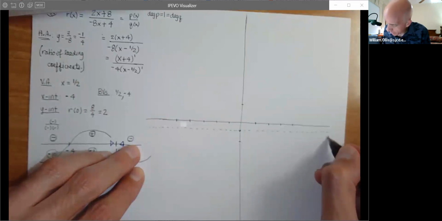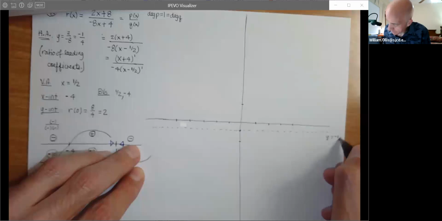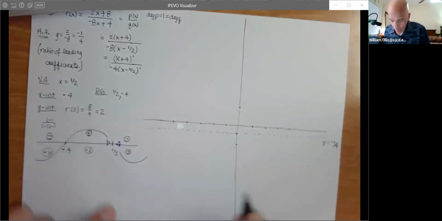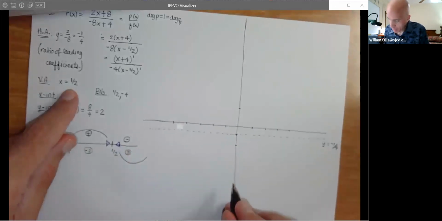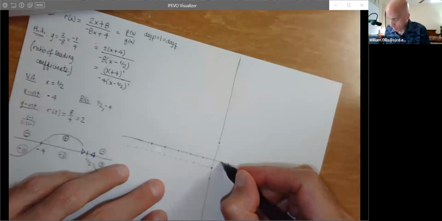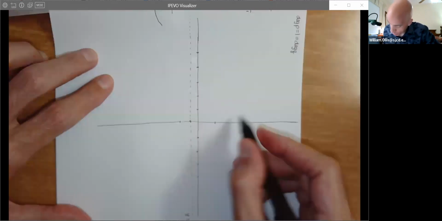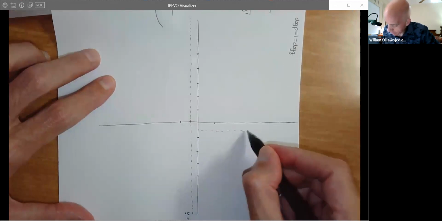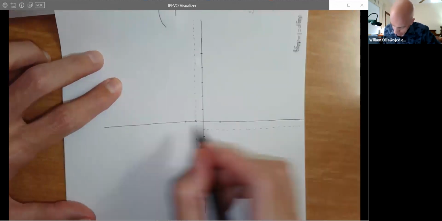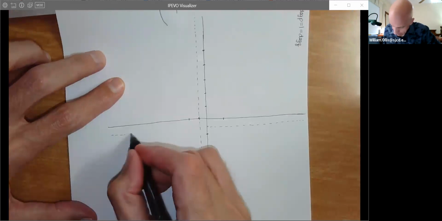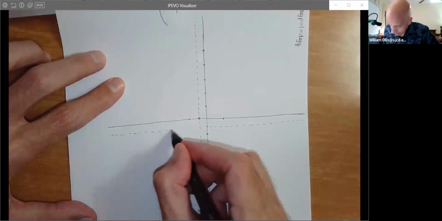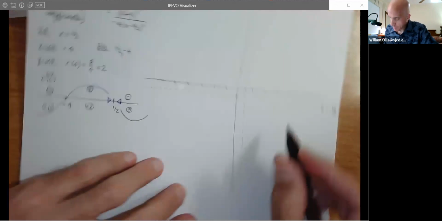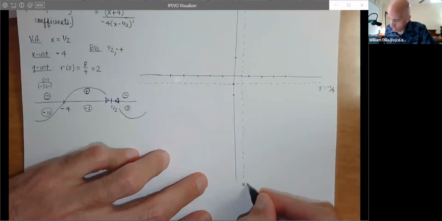So we have y equals negative 1/4. And then we have the vertical asymptote x equals 1/2 right here, like halfway in between. So let's go ahead and draw that. So this gives us x equals 1/2.